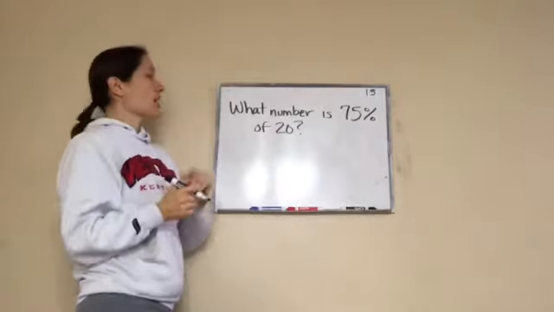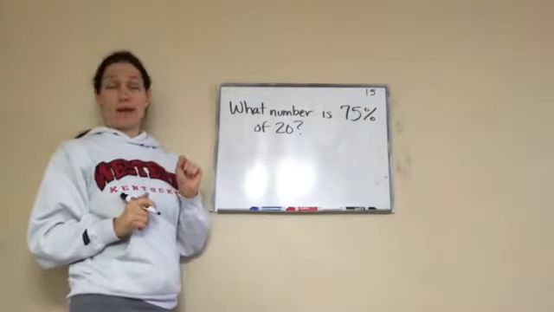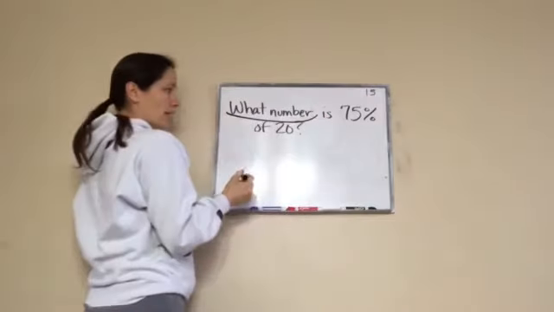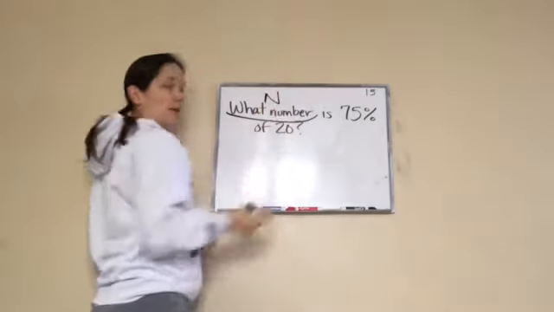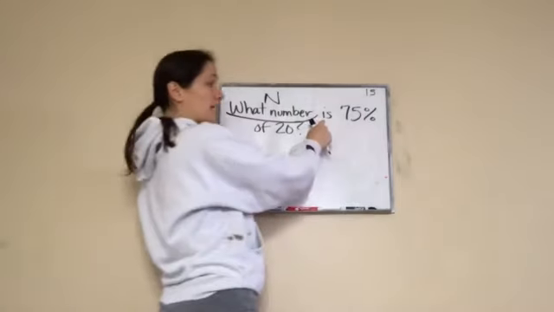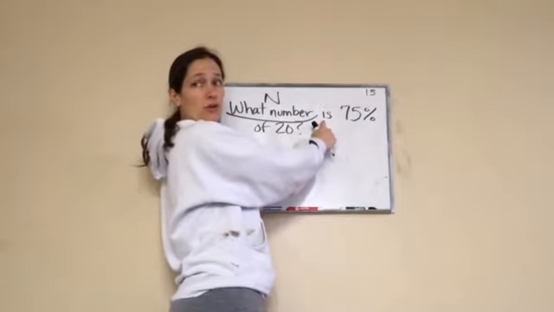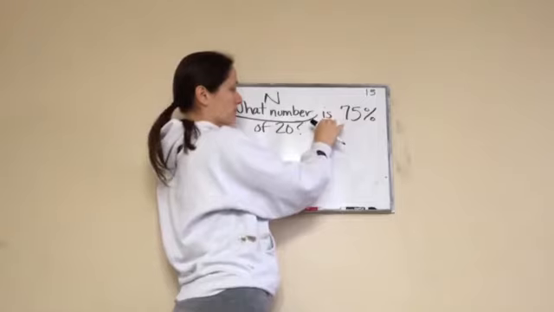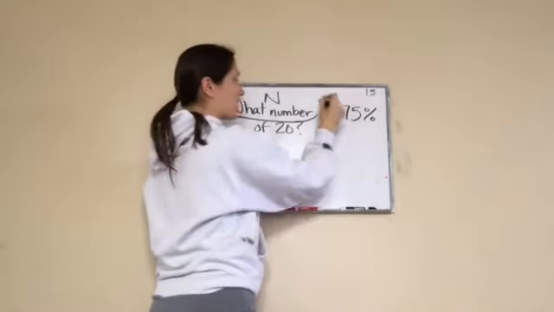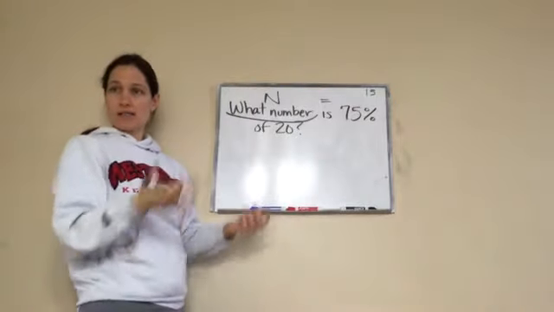Okay? So, let's do this the mathematical way. We're going to use this what number, and I'm going to put an N there, because we don't know what number, right? Okay? Is could be a mathematical symbol for is. Equals. It is, it equals.